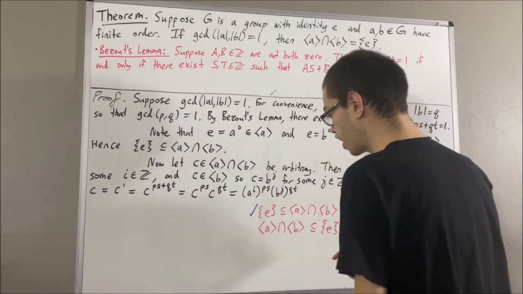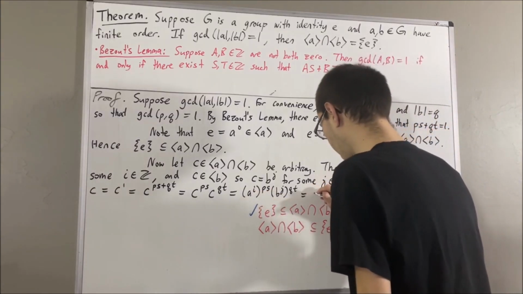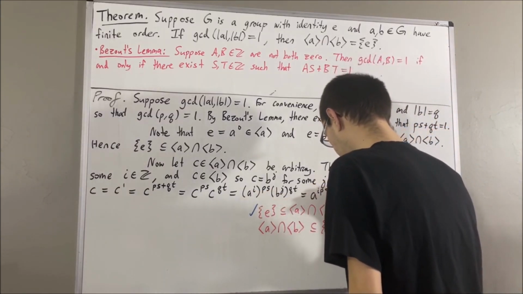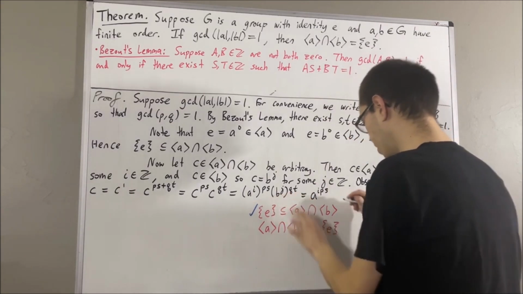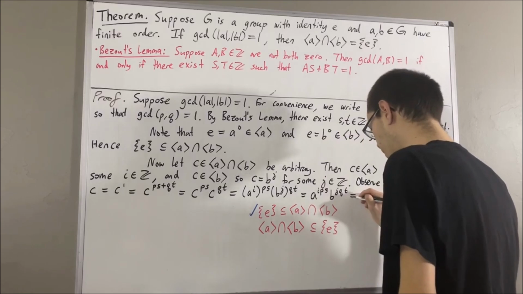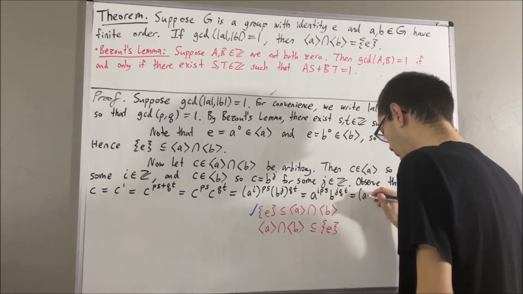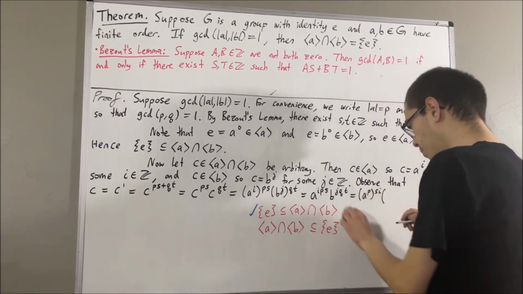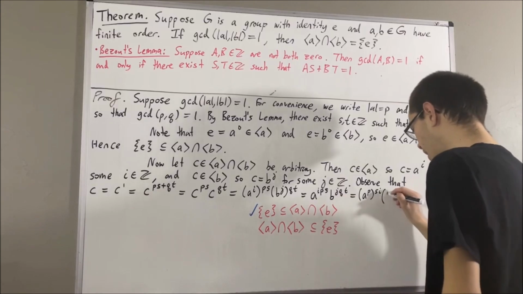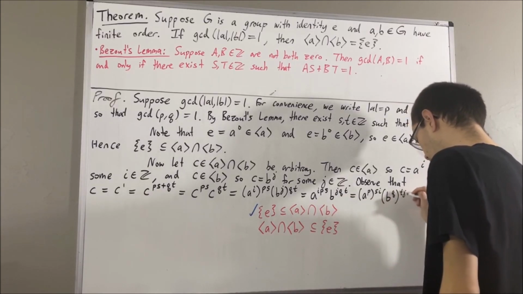And then by properties of exponents again, we can just multiply the exponents. So we have a to the power of ips, and here we have b to the power of jqt. But then by properties of exponents again, a to the power of ips can be written as a to the power of p to the power of si, and b to the power of jqt can be written as b to the power of q to the power of tj.